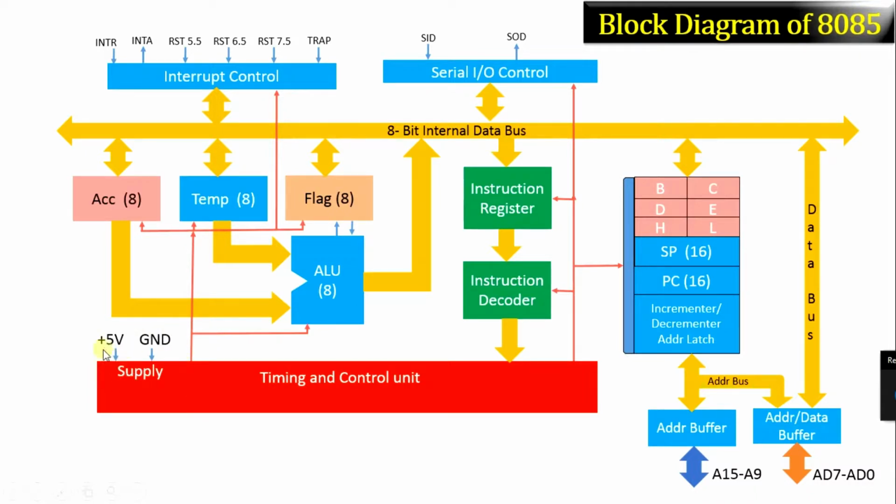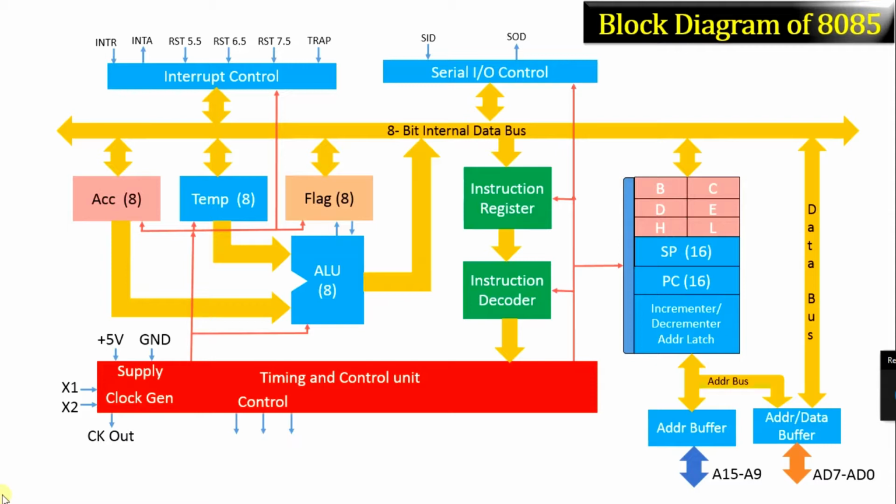It has plus 5 volt and ground pins for supply, and it has X1 X2 pins for connecting the crystal oscillator so that it can have clock pulses, and on the basis of clock pulses it responds. It also has one clock out so that it can provide the clock output signal for those external devices which need clock pulses.